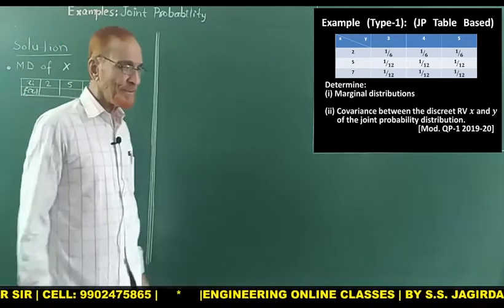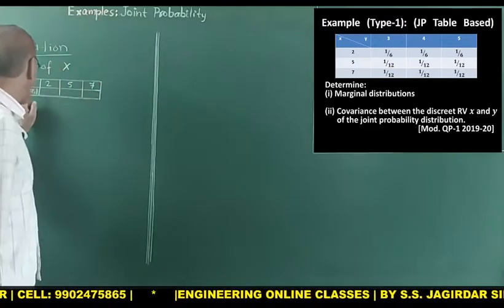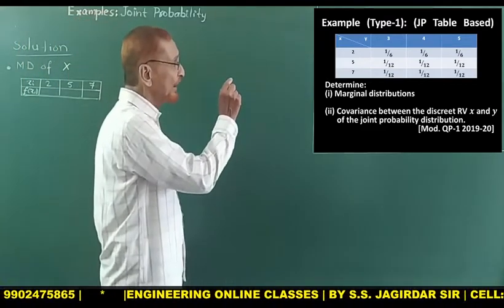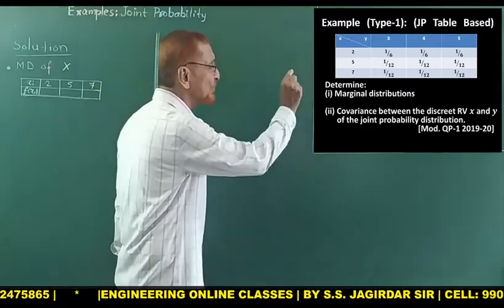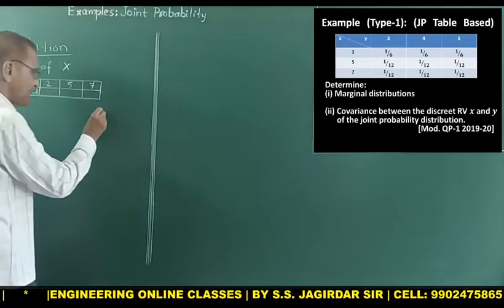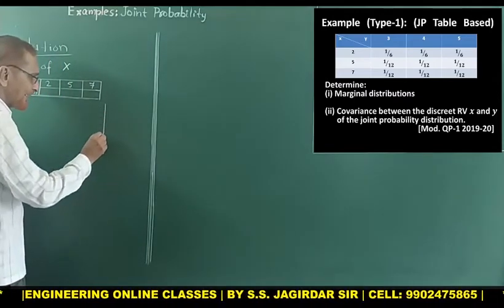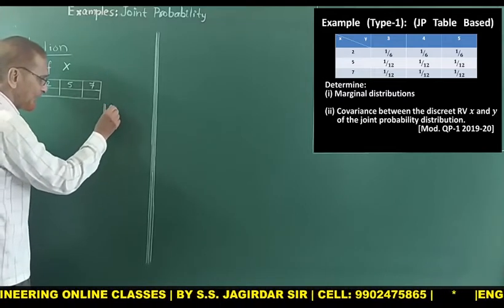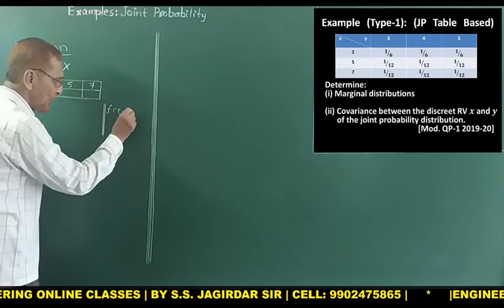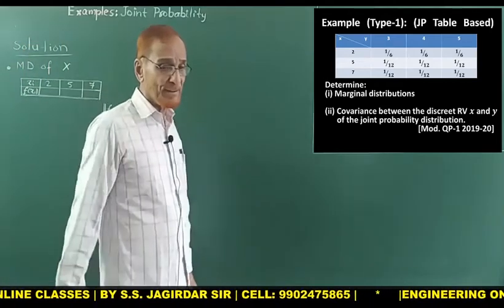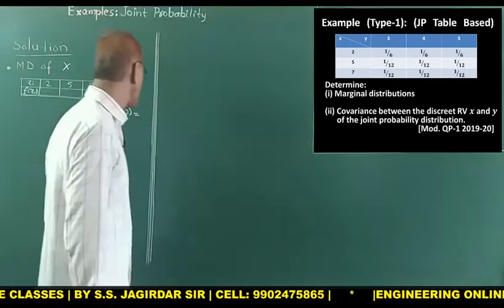For f(xi) of 2, you have to take the row against 2. The row against 2 contains what? So you see, if you take up the row against 2, I will make the calculations here. When x is equal to 2, what are the values? You take the values against 2, it is 1 upon 6, 1 upon 6, 1 upon 6.